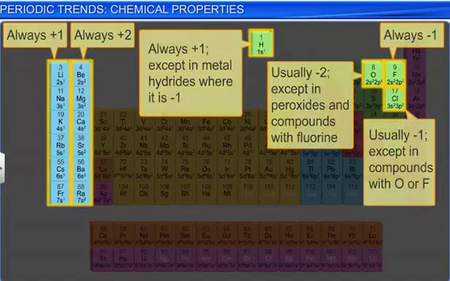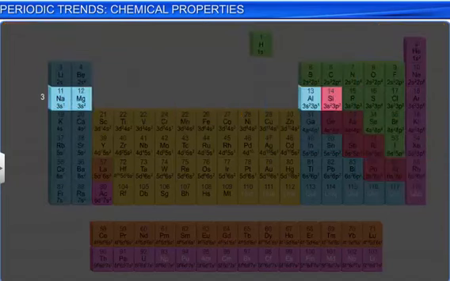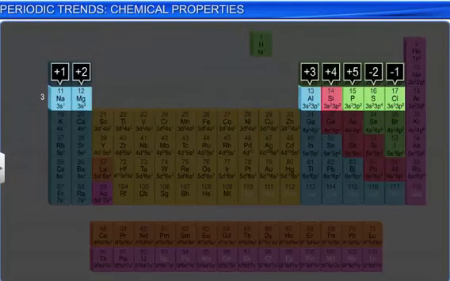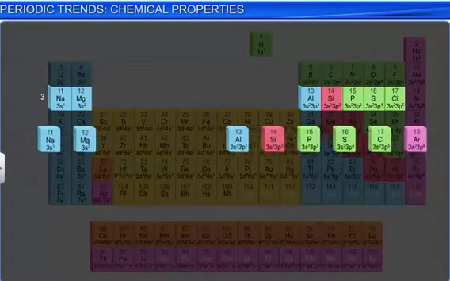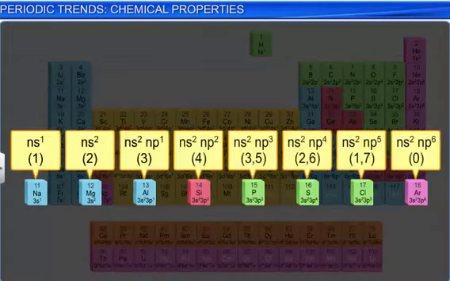As we move from left to right in the periodic table, the oxidation number of the elements first increases and then decreases. As explained earlier, the oxidation number in a group remains constant and depends on its generic electronic configuration.